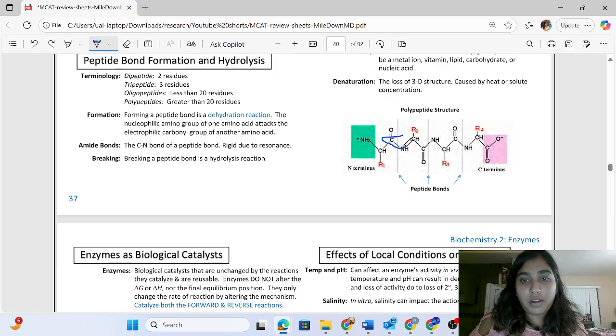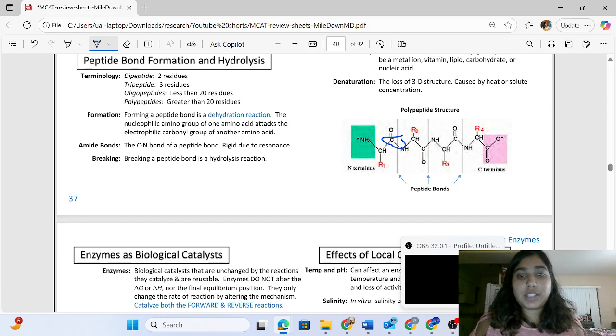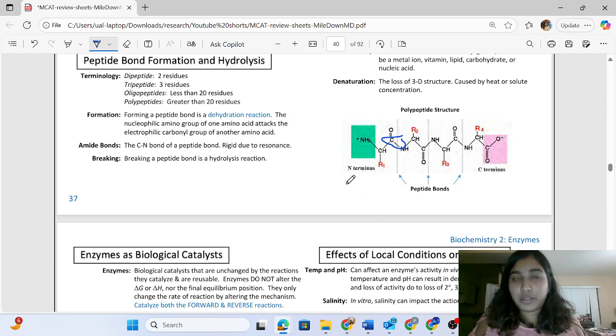This peptide bond is important because it joins all the amino acids together, and you know how proteins are important, they do all the functions in the body.